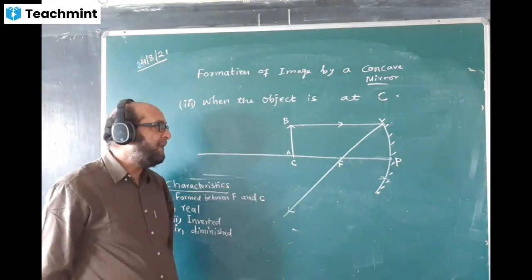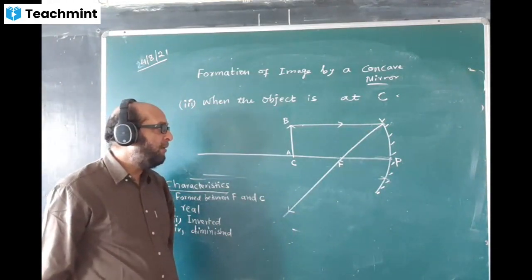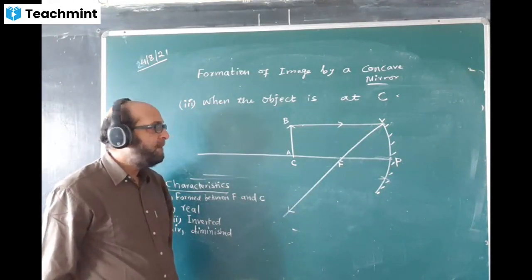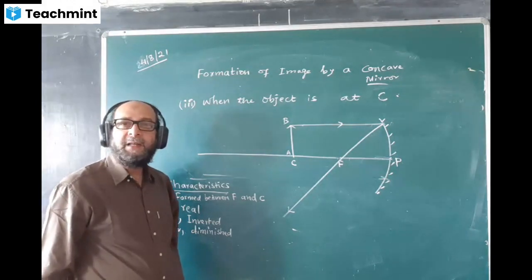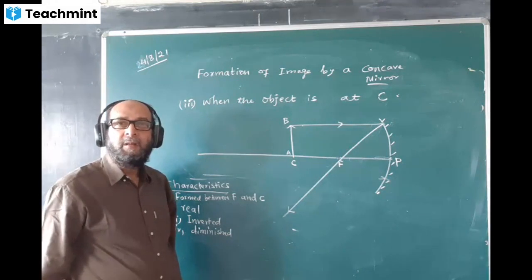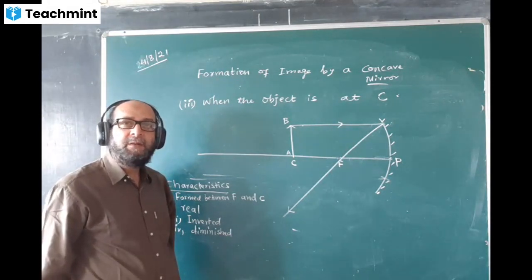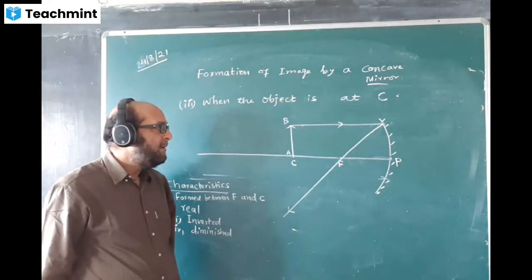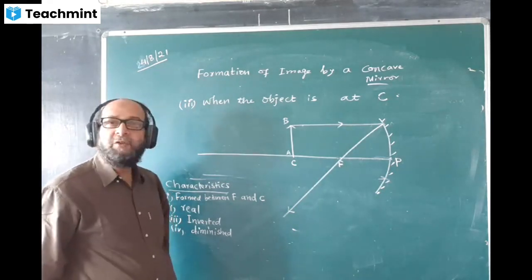Now we should take the second ray. How will we take the second ray? Tell me. Second ray, we will take it through which point? You will get an idea. Please tell me.